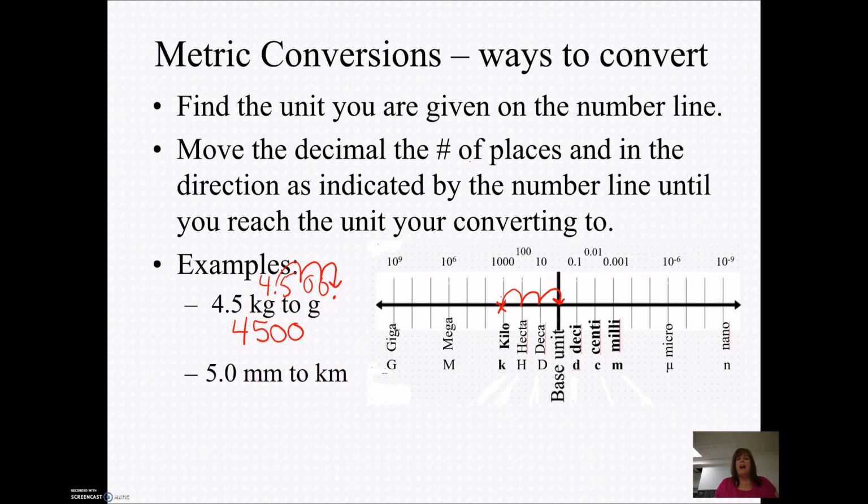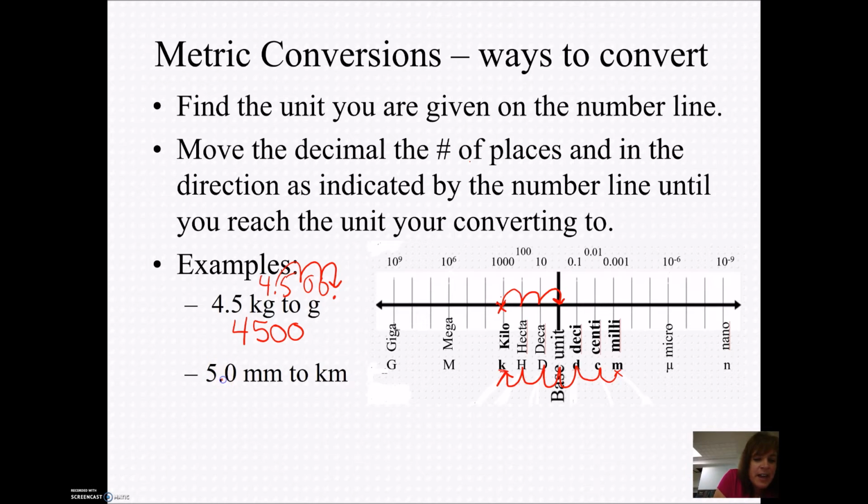What about 5 millimeters to a kilometer? Whoa, that means I'm starting down here at the milli and I need to go all the way up to here. So I got to move 1, 2, 3, 4, 5, 6 places to the left.